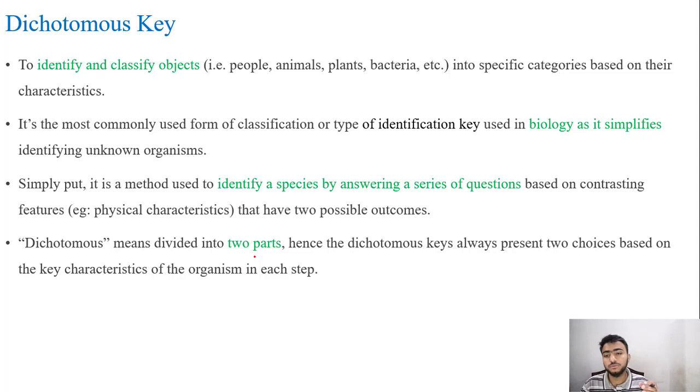So one of these tools is a dichotomous key, which is used widely in scientific enterprise to identify or classify objects, for example people, animals, plants, bacteria, etc. And they help categorize these living organisms based upon their qualitative as well as quantitative traits that are easily visible and then identifiable in the most straightforward manner. So it's the most commonly used form of classification or type of identification key used in biology, as it simplifies identifying unknown organisms.